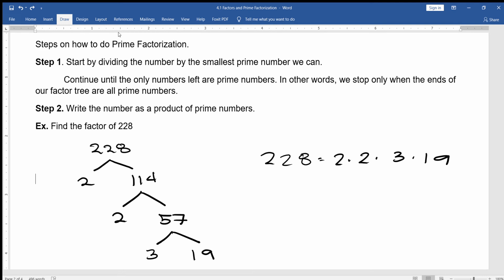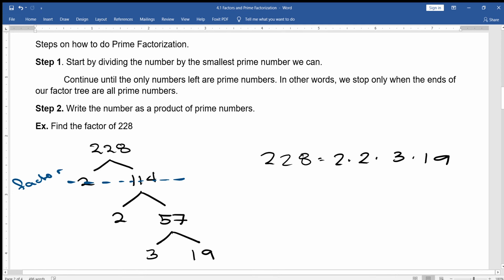Let's draw a blue line. This is factors of 228. This is factors of 114.